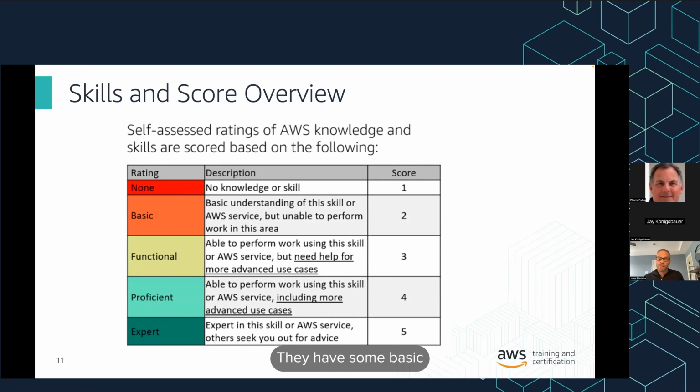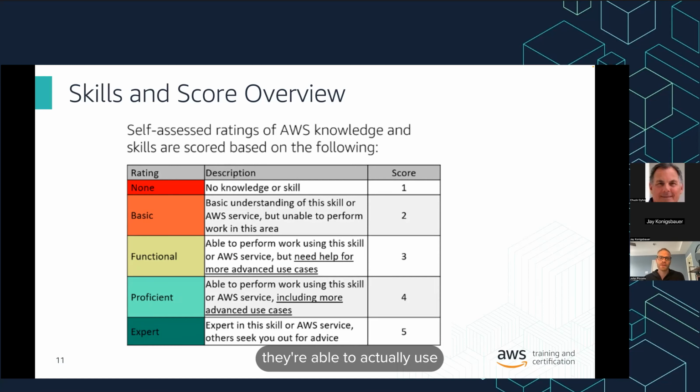Basic means they have some basic understanding, and this could be very basic, that they're familiar with the nature of CloudFront and what CloudFront does for availability of an application, or they may have a functional capability where they do know how to create a tiered storage instance in S3, and how they can maybe spin up some basic EC2 instances and serverless capabilities.